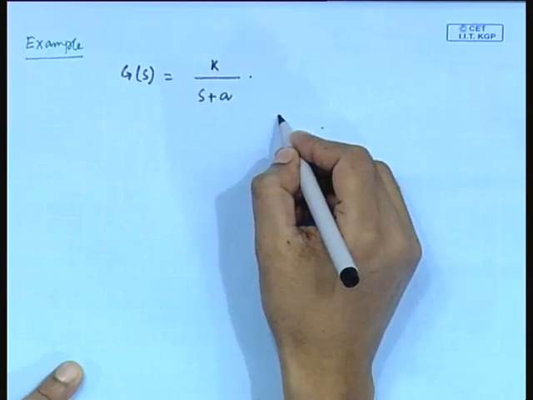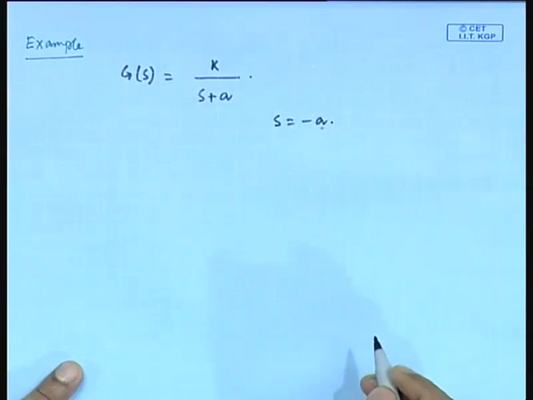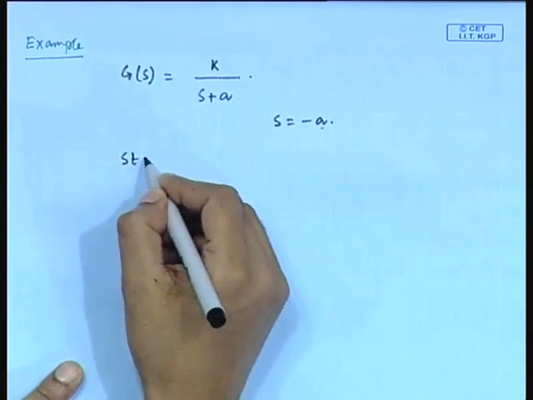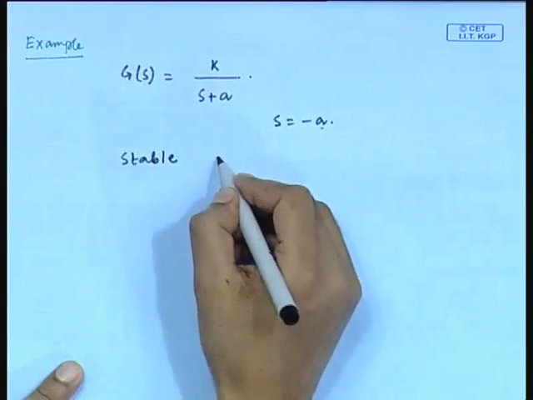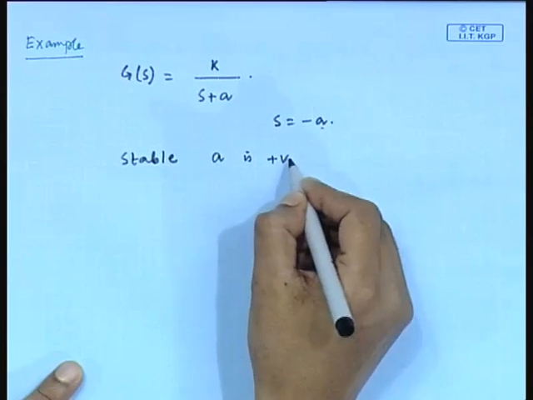Stable system. Why is this stable? Yes, because s is equal to minus A. So, here one pole exists at s equals minus A. So, we can say the system having the transfer function G(s) is stable only if A is positive.